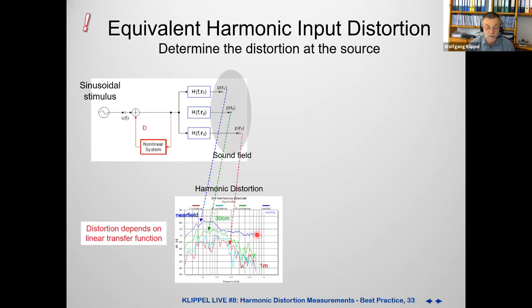This is more or less caused because the linear transfer functions are different. So each point is affected by the room response, and maybe the loudspeaker has a different directivity pattern. But most of the nonlinearities, the dominant ones, are actually concentrated in one nonlinear block, adding nonlinear distortion to the input. So they are only differently shaped, not more.